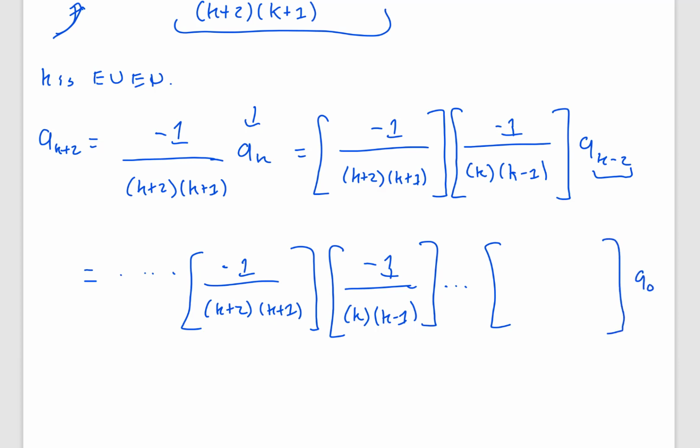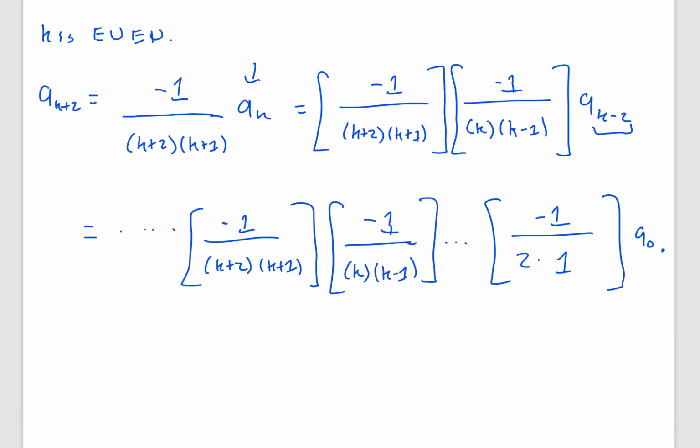Let's figure out what that something is. If k-2 is equal to 0, this means that k is equal to 2, and k-1 is equal to 1. So this last factor is going to be -1 over 2 times 1.